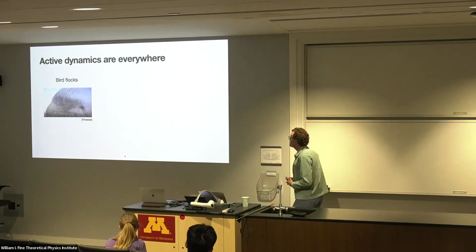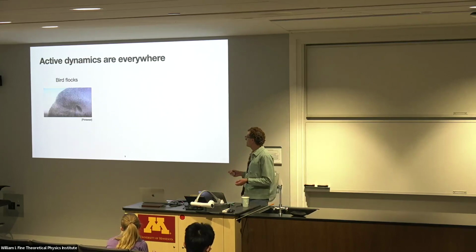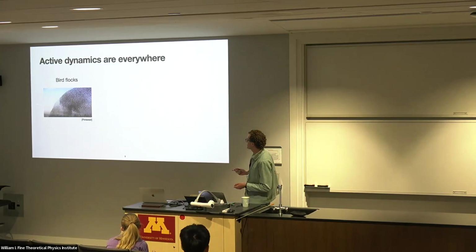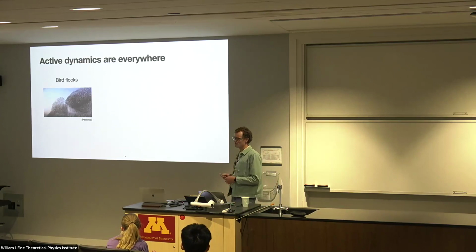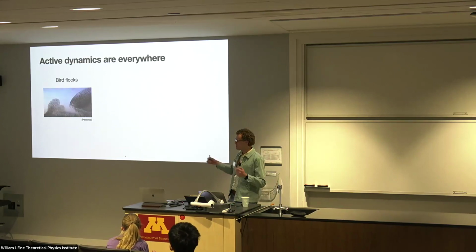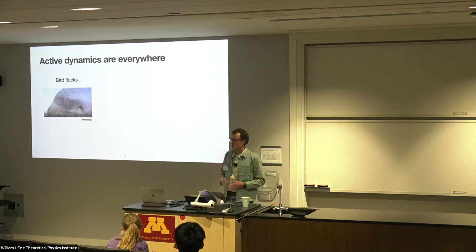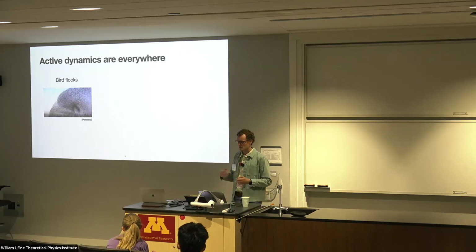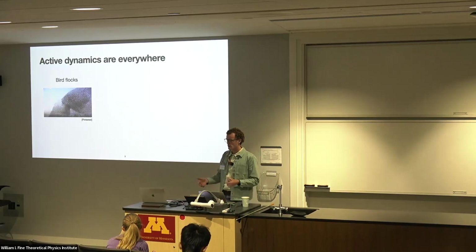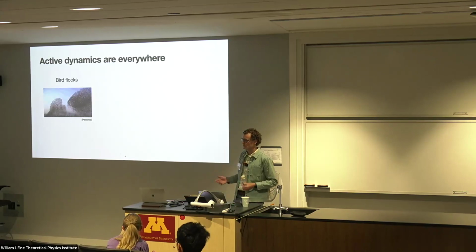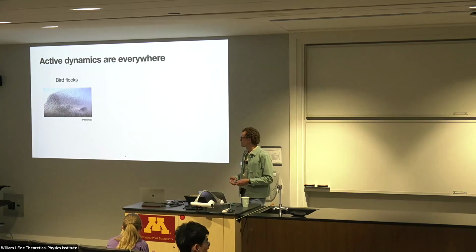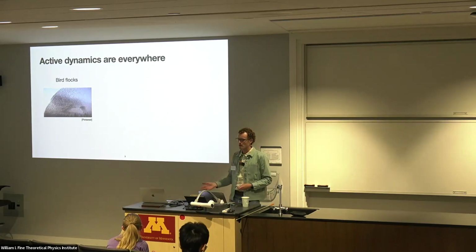So active dynamics are everywhere in our world. A nice, pretty picture to show when talking about this is bird flocks. They form these really cool shapes. But from a more statistical physics perspective, they're interesting because there's a model of birds flocking in 2 dimensions that's able to break a continuous rotation symmetry, even though that's not allowed in equilibrium.